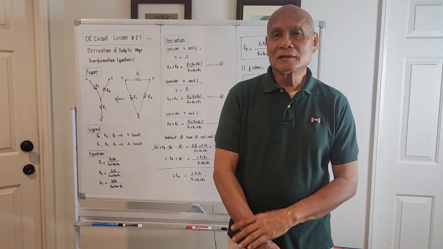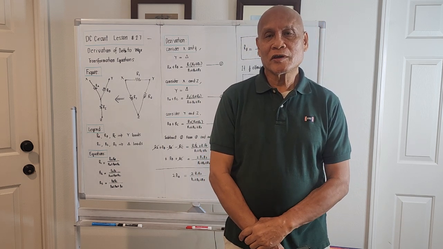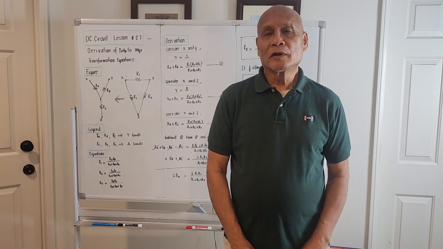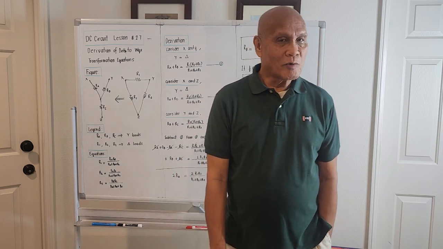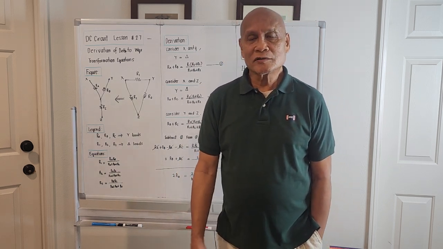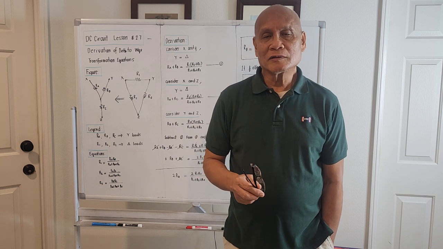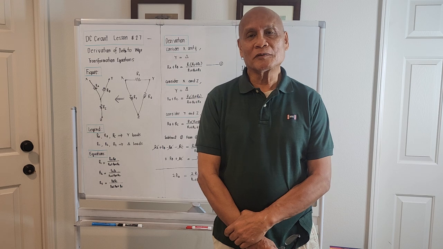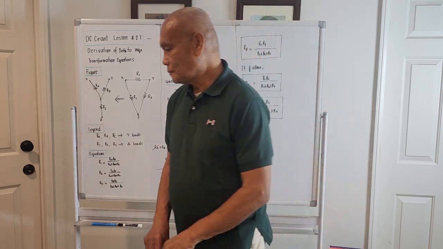So for tonight, I will be deriving the formula on how to change a delta configuration to a y configuration. Sometimes by just memorizing formulas, you could interchange them. But if you go through the derivation, you will see the error on the interchanging. Okay, let's proceed.